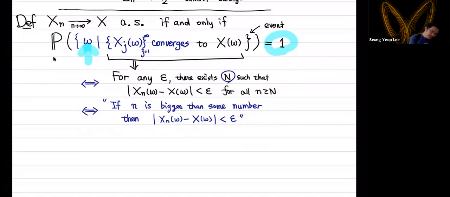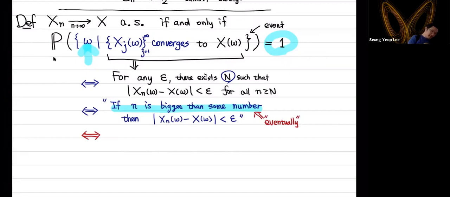And this phrase, if n is bigger than some number, we write in a different expression as eventually. Eventually means if n is growing enough. That's the terminology often used in probability.